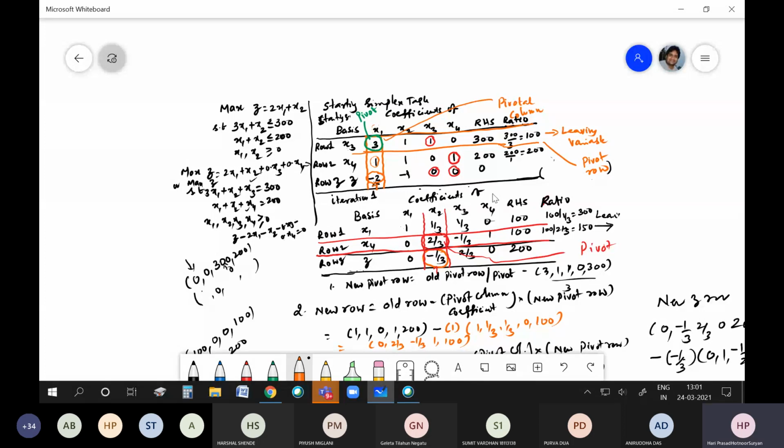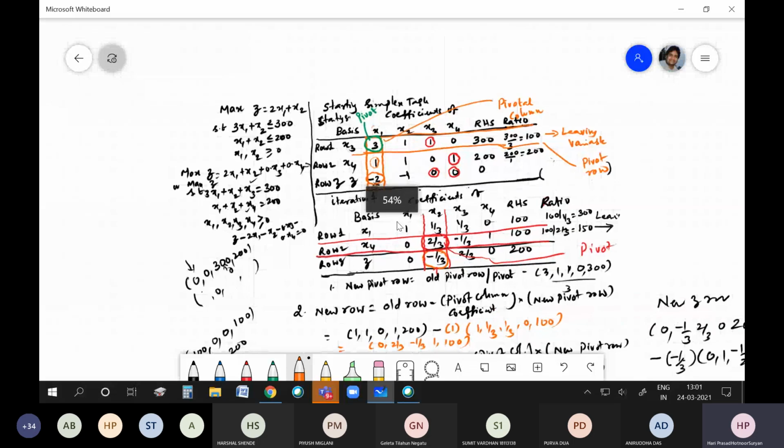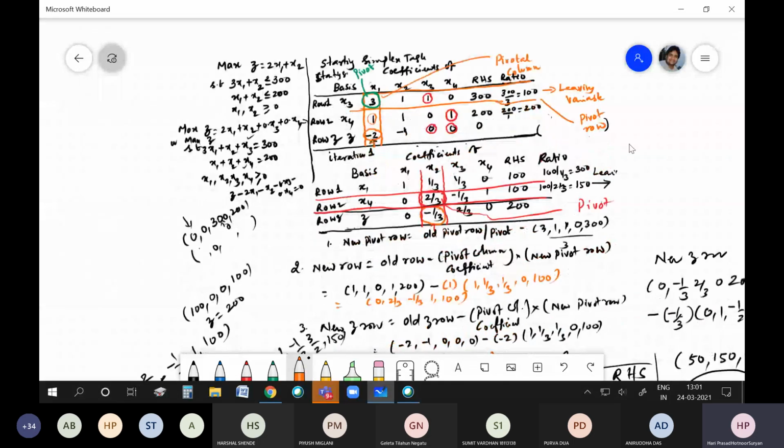When we construct the second simplex table, we have to see that it conforms to the two rules which we have earlier said. To achieve that, first you have to find the new pivot row as the old pivot row divided by the pivot.